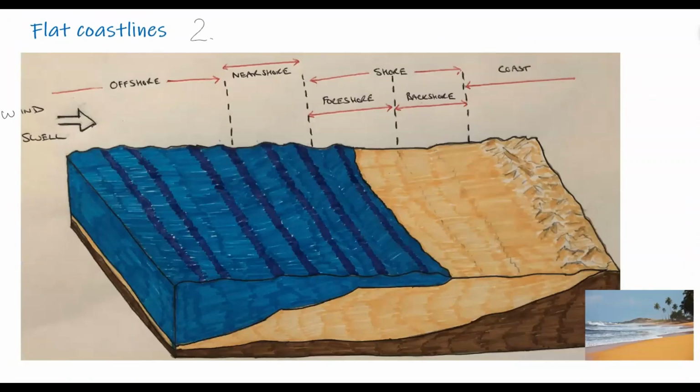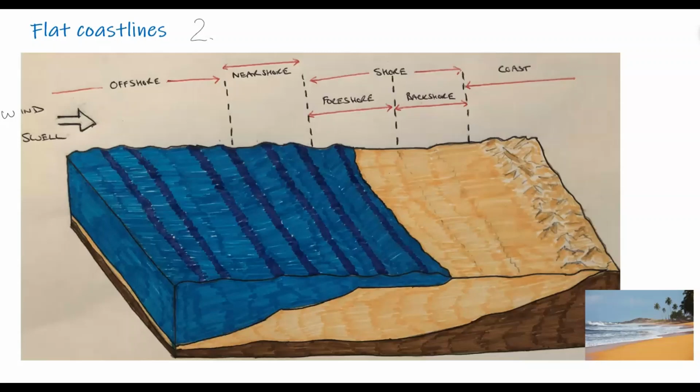So looking at flat coastlines, as you can see by my lovely hand-drawn diagram, the ocean is in blue, and the accumulation of unconsolidated material, sand, gravel, silt, clay, is the yellow.